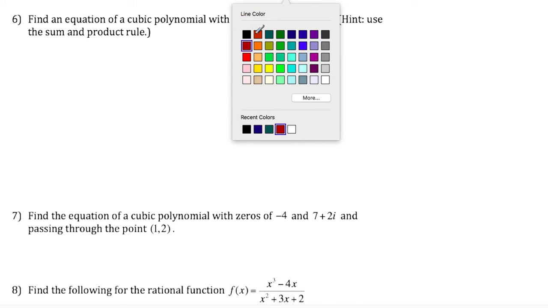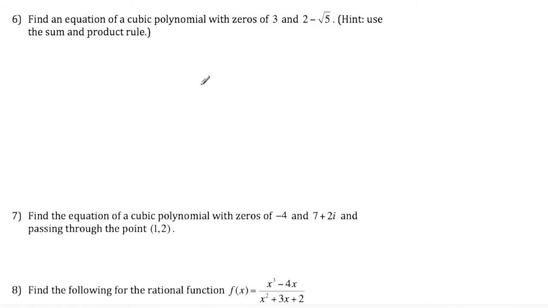So we know it's a cubic, so there are going to be 3 zeros. So the factors here are going to be, if the 0 is at 3, we're going to have x minus 3. And then here we have 2 minus root 5 is a 0.